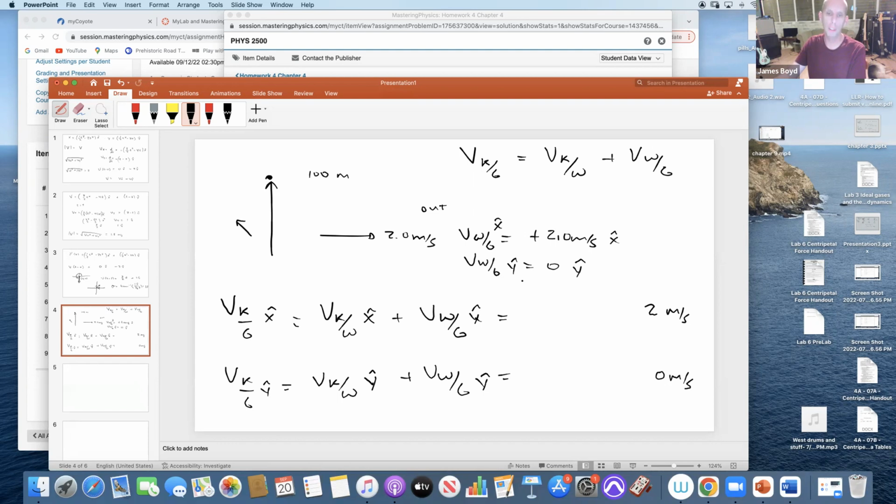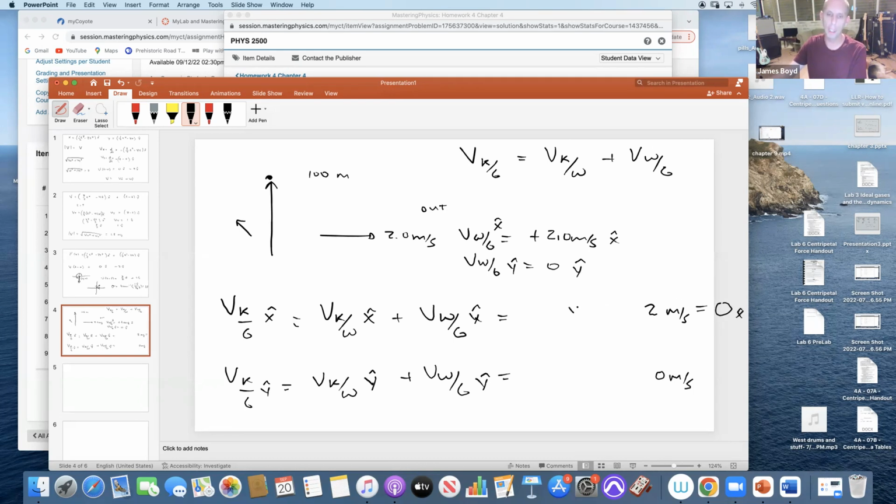Then what we need is the kayaker can go 3 meters per second at most. However, the following is true. We don't want the kayaker to have any velocity in the x direction, so we're going to put a 0 in the x direction.